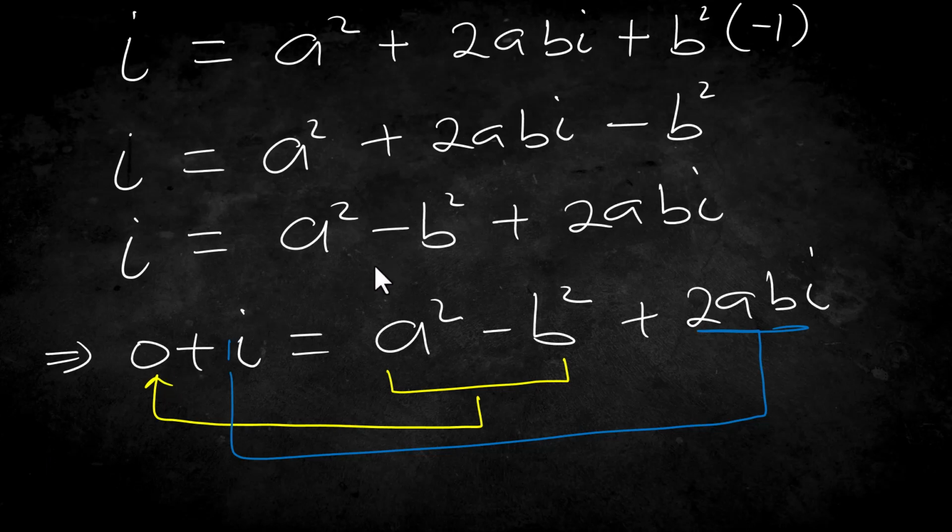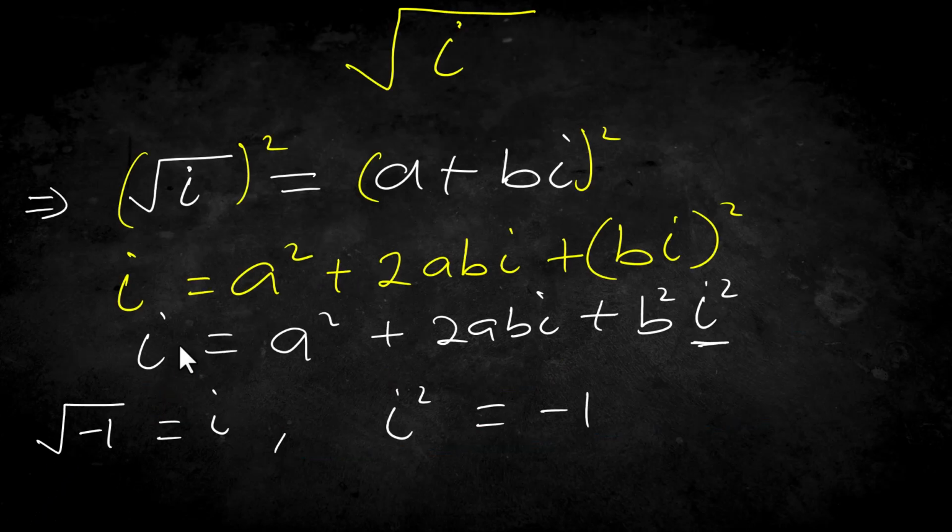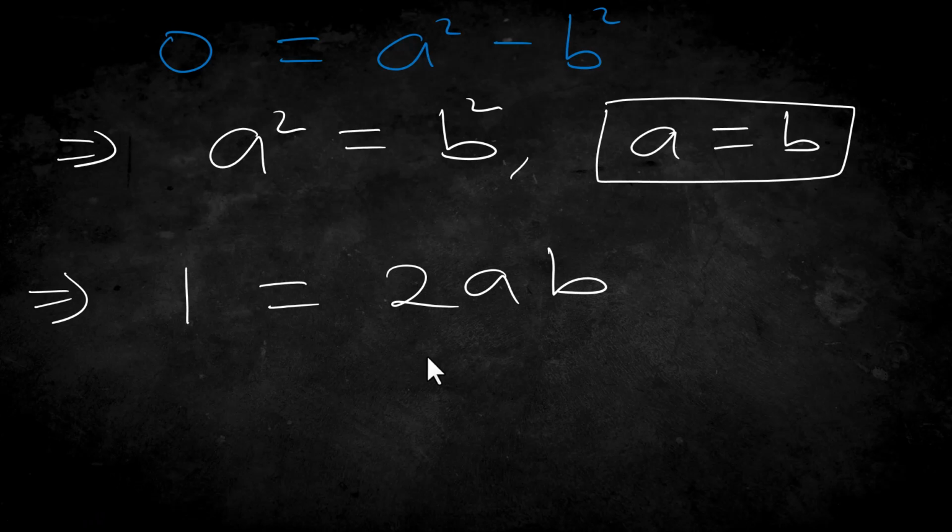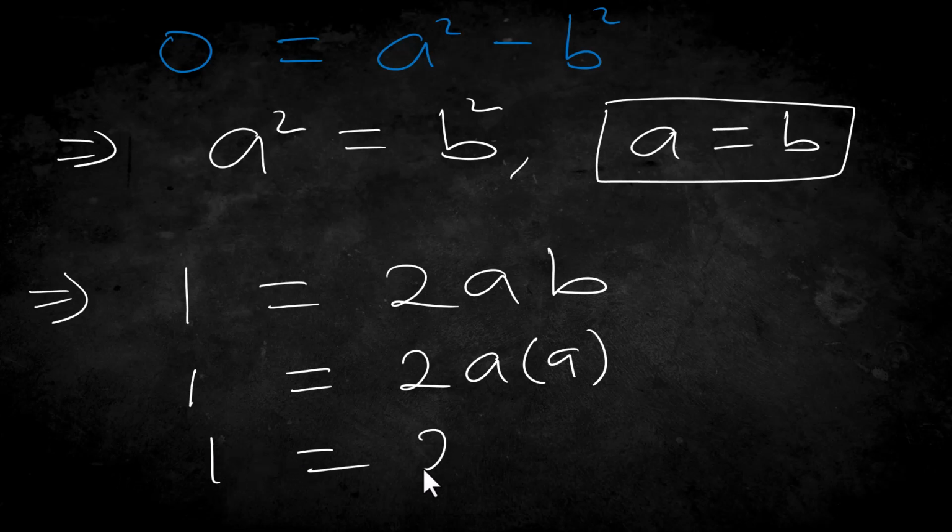So let's solve for a here. Now remember we can make this side a because a equals b. So we can say 1 equals 2a times a, since a is equal to b.